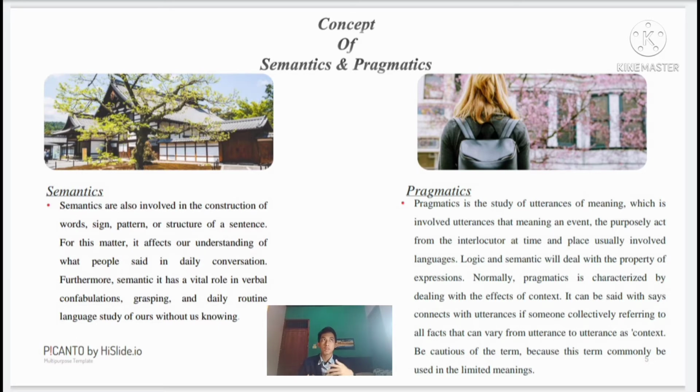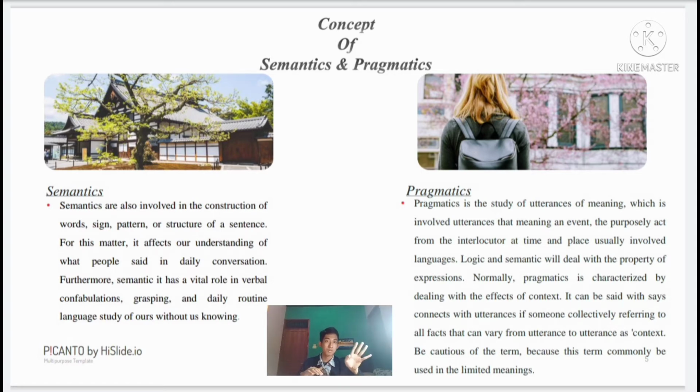I'm sorry if I don't explain the branches of semantics and pragmatics, because these two are considered as meaning. The branches of semantics and pragmatics will be explained by the second presenter, which is the explanation of types of meaning.